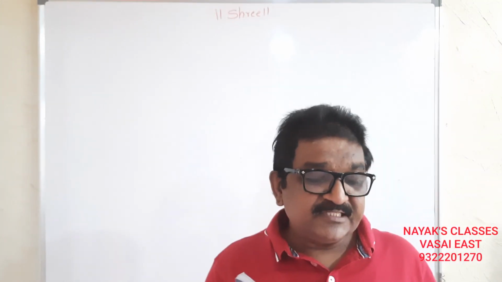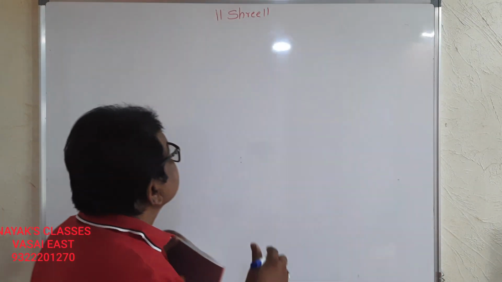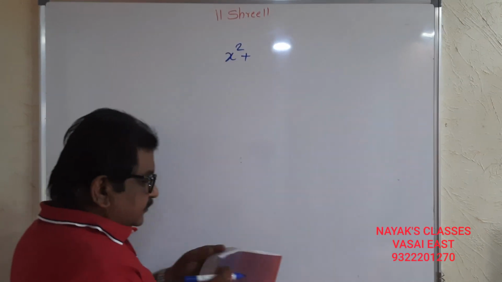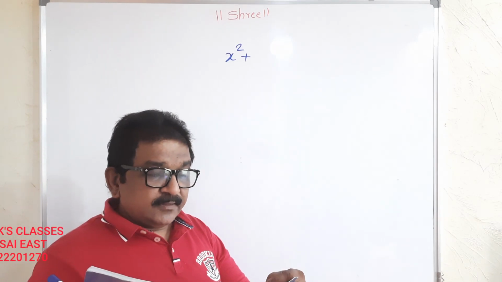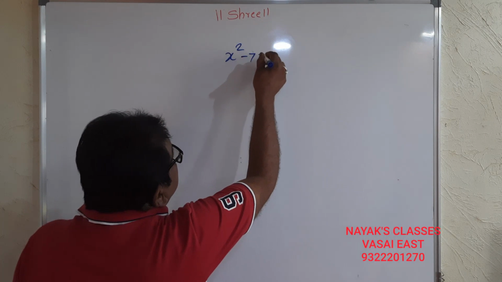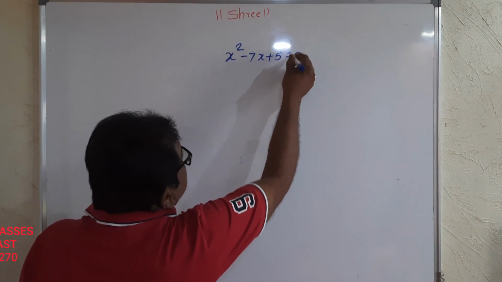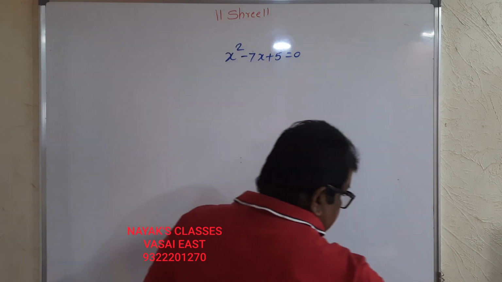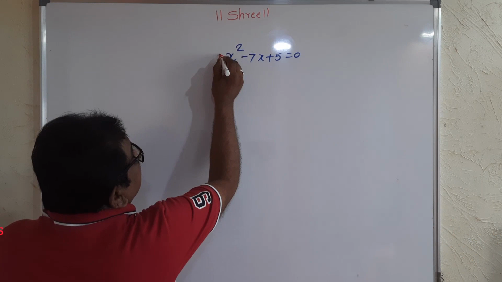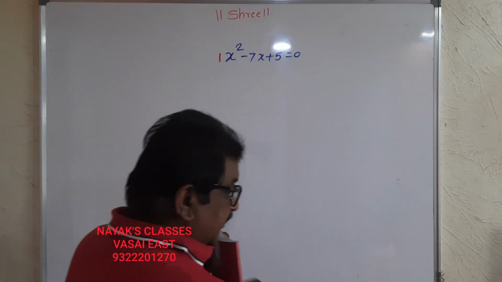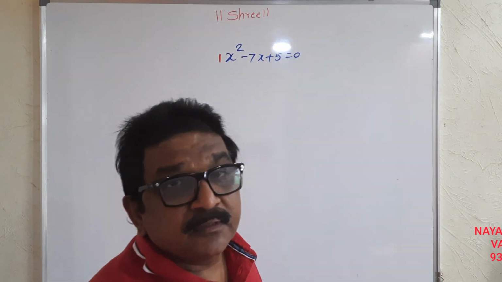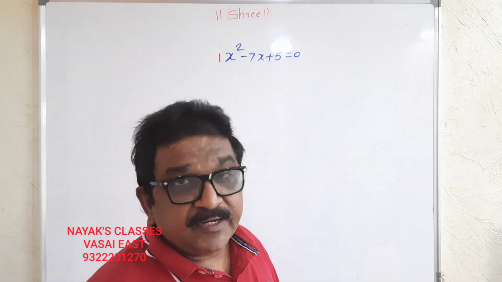First is x square minus 7x plus 5 is equal to 0. See, don't forget, here it is 1. When there is no number, you have to recognize there is 1.